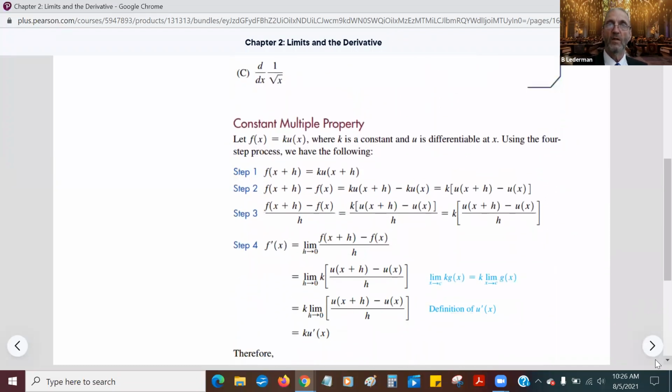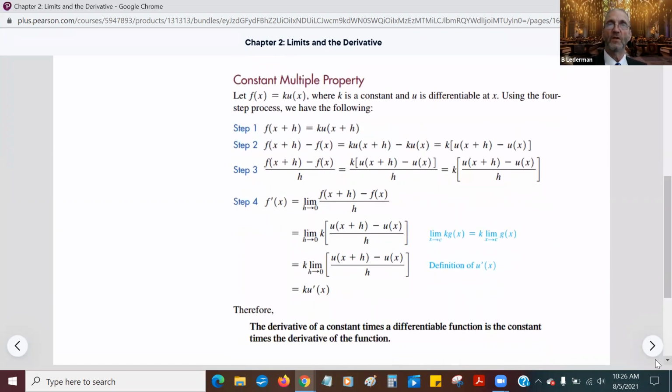Okay, now, suppose you have some random function. f of x is equal to k times u of x plus h. In other words, I have a function u of x plus h, I multiply that by some constant, and that gives me a new function, f.